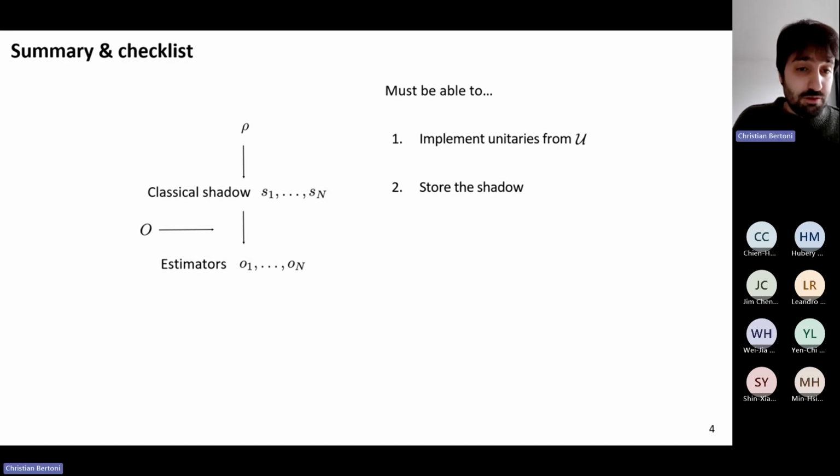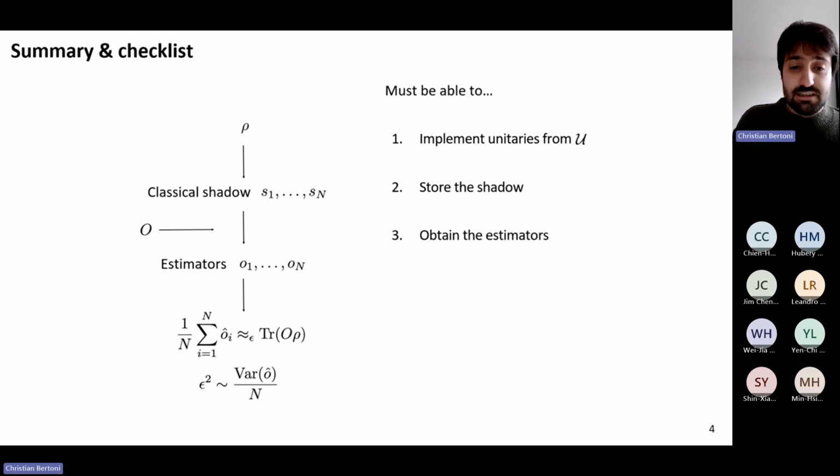Finally, once we have our shadow, given an observable O, we want to compute these shots of these estimators. And this is all about inverting this channel M, obtaining this classical inverse. And depending on the ensemble, it's not at all obvious that such an inverse would exist or that we would be able to efficiently apply it using a classical computer.